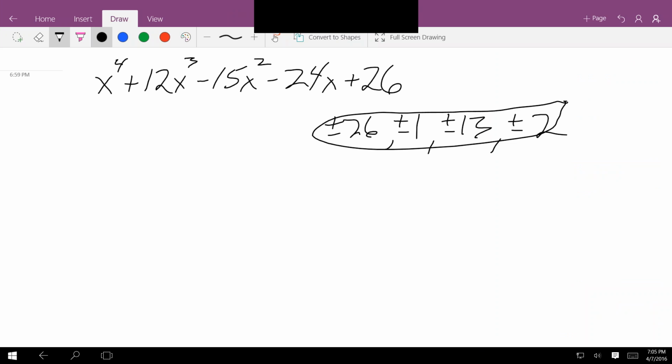So I've got x minus 1 as one of my factors, and then the rest of it is going to be a cubic. And then I have to do exactly the same thing with that cubic. I have to find the possible rational factors of the cubic using the same technique. And I'm going to find the, what was the other one? 13 or?